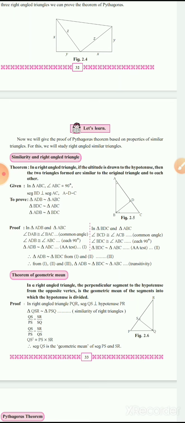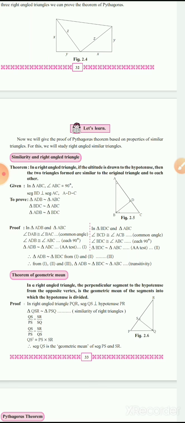In a right angled triangle, the perpendicular segment to the hypotenuse from the opposite vertex is the geometric mean of the segments into which the hypotenuse is divided. In a right angled triangle, means here in this figure triangle PQR is a right angled triangle.